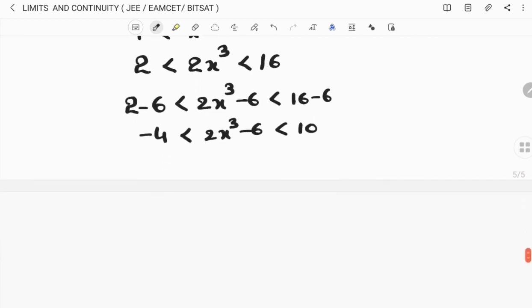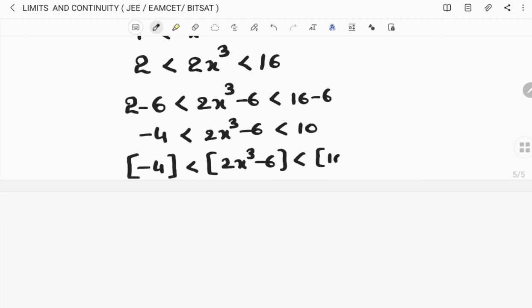After that, take the step of every term. Step of minus 4 is less than step of 2x cube minus 6 is less than step of 10. Step of minus 4 is minus 4, is less than this value, which is f of x only, is less than step of integer 10, which is 10 only.